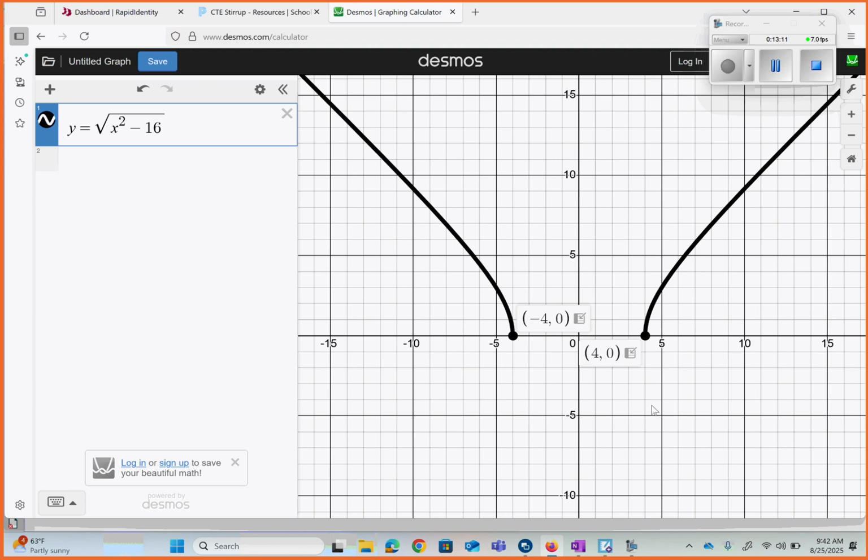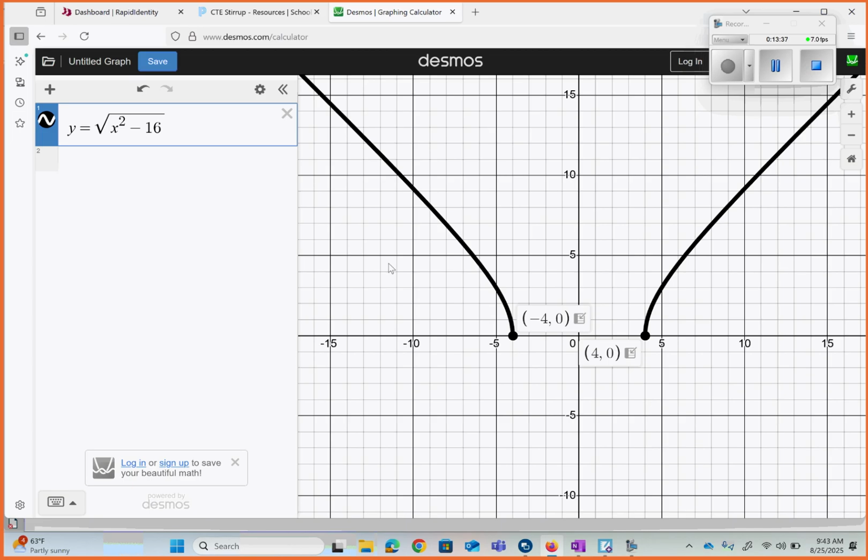You go negative infinity to -4, hard bracket on the -4 because it is a dot that will work as part of the equation, and then from square bracket 4 to infinity. It's kind of a wild looking graph. Maybe the first time you've seen it, unless you accidentally plug something in like that on a calculator.